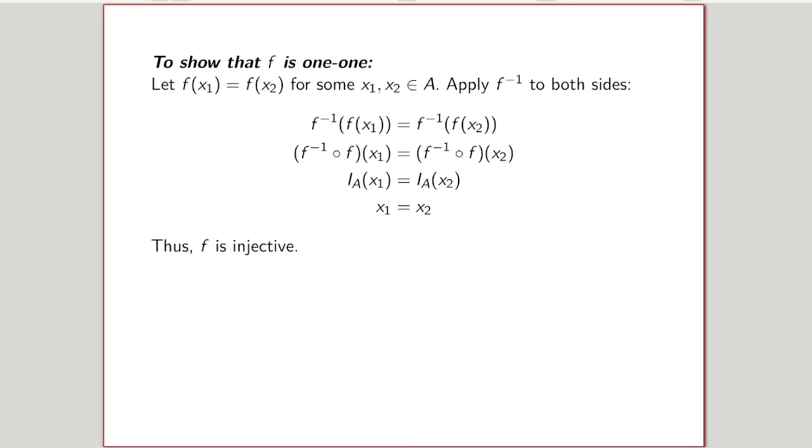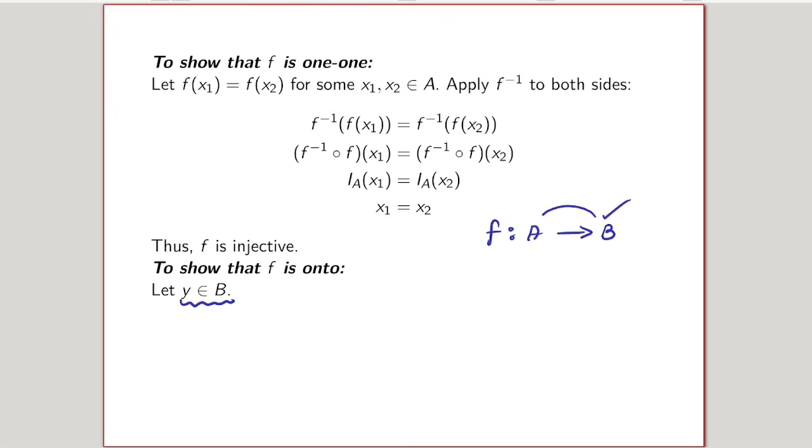Next, we have to show f is onto. To prove f is onto, we have to choose one element from the codomain B. Let y belong to B. For this one, I am going to find one pre-image in A. Also note that we are having f inverse in our hand. f inverse is a map from B to A. Since this element y belongs to B, we can find the image of y under the map f inverse.